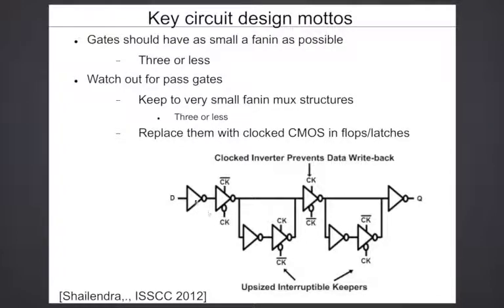So, for example, in this paper by Intel, which I put a link to on our class website, so you can read up this paper. What they do is they look at the latch, the standard register, which is a master slave flip flop, master latch and slave latch.